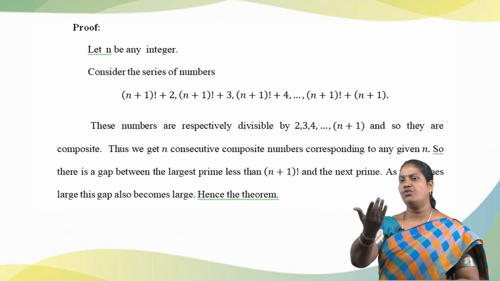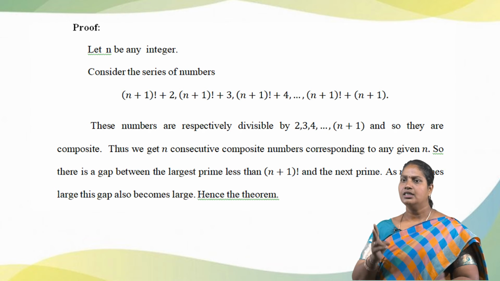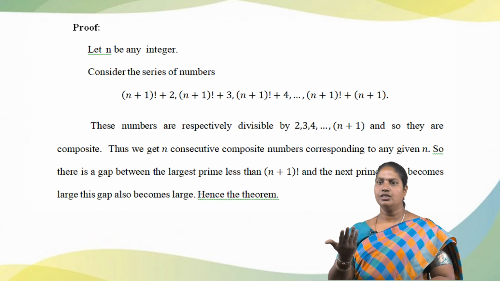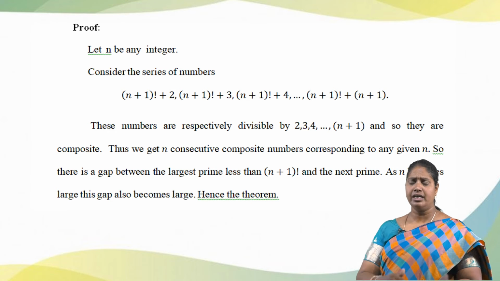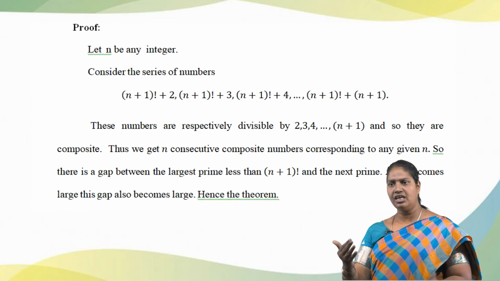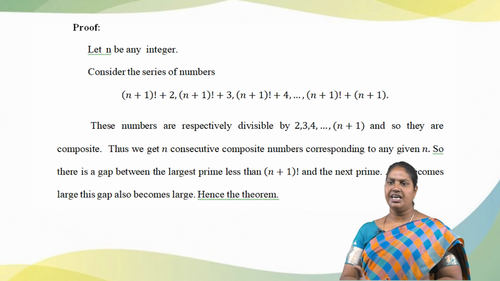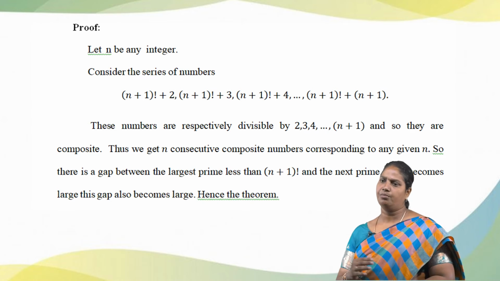So 2 is a divisor of the first number, so it definitely has more than 2 divisors. The next number, (n plus 1) factorial plus 3, will have 3 as a divisor. So we conclude that these numbers are respectively divisible by 2, 3, 4, and so on up to n plus 1. So they are composite numbers. Thus we get n consecutive composite numbers corresponding to any given natural number n.